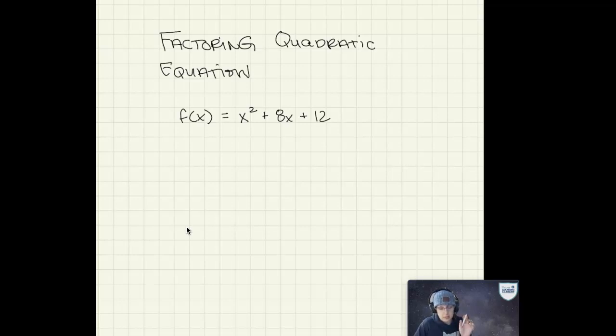So now, first things first. You're going to take your x squared, so your first term, and your constant, and you're going to multiply them.